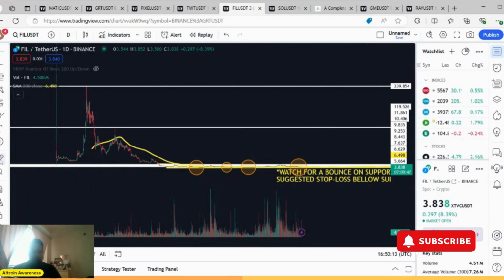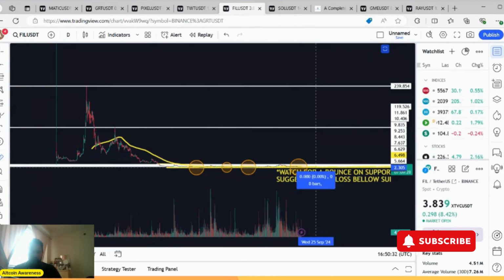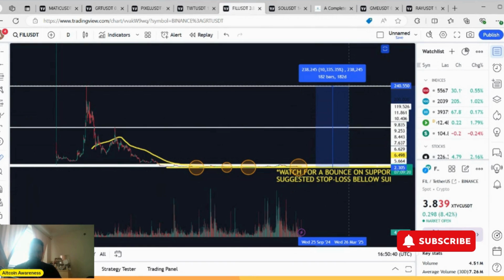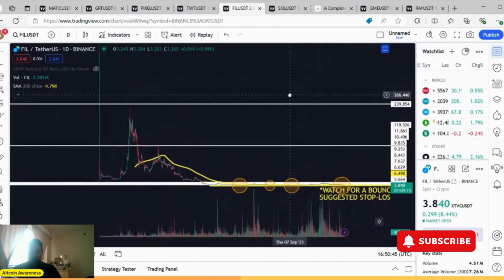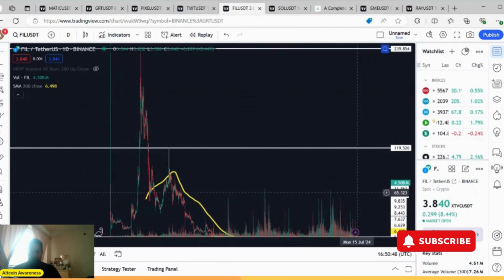Okay, imagine Filecoin makes a big move all the way up here to this previous all-time high that it formed in 2021. The measured move from the current levels all the way up to this all-time high, it's a 10,000% move, guys. Okay, that's crazy. So watch for Filecoin. Very good coin to have on your watch list.